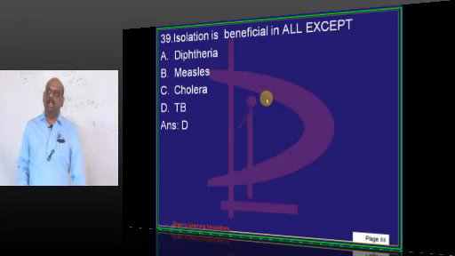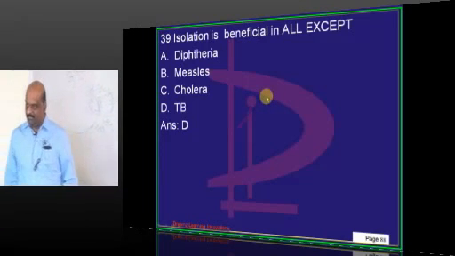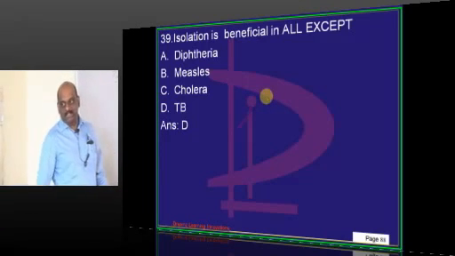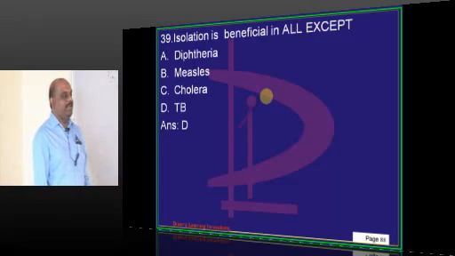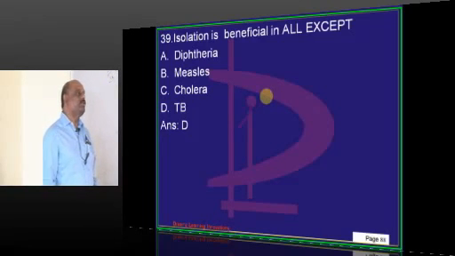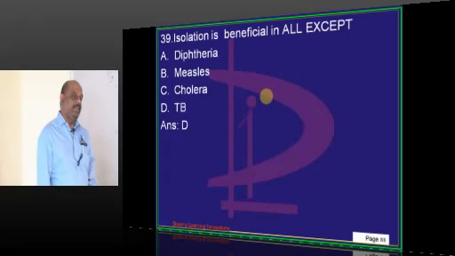Isolation is no more advised in TB. If we use common sense, we will think of TB as requiring isolation, because in the older days, Nehru's wife had TB.